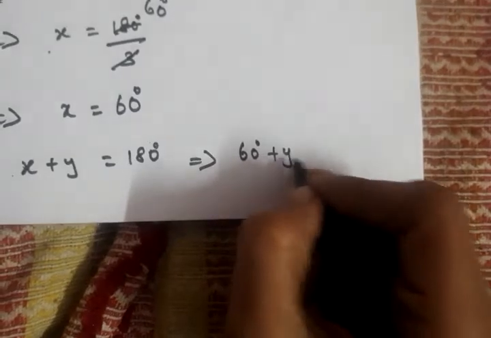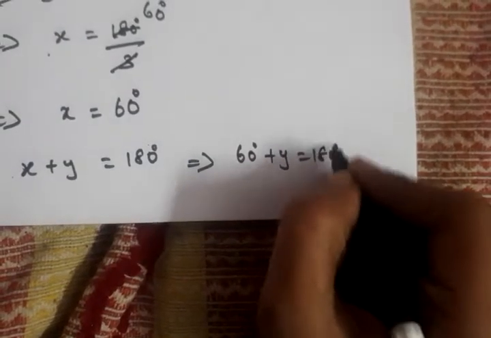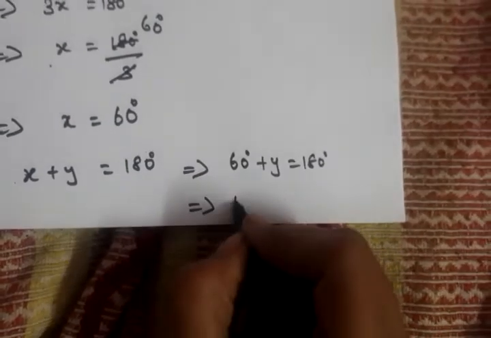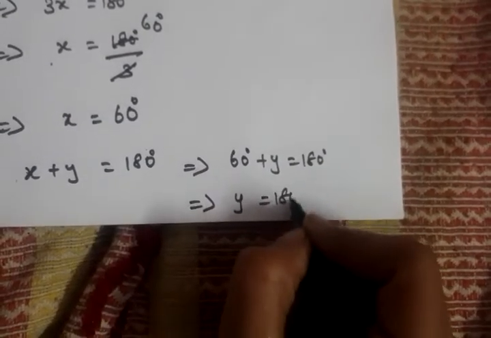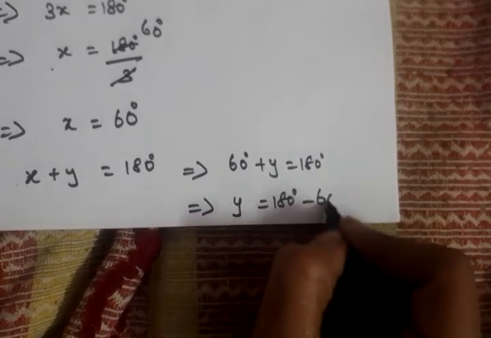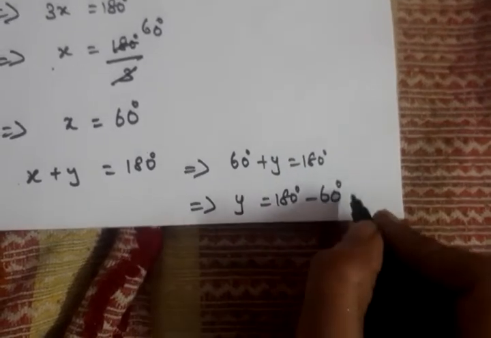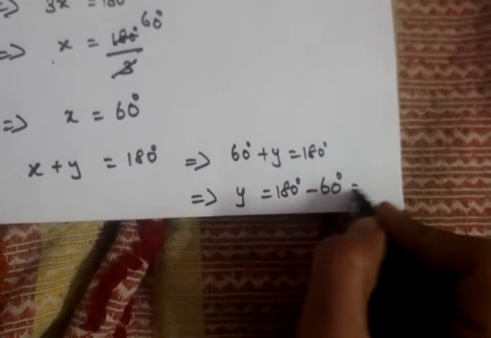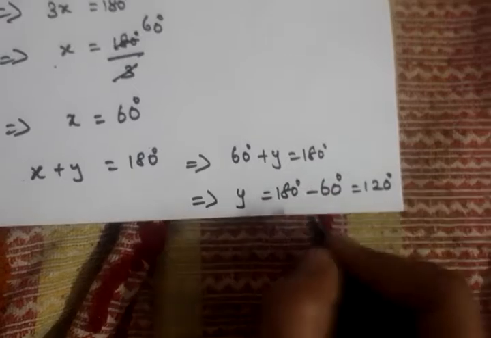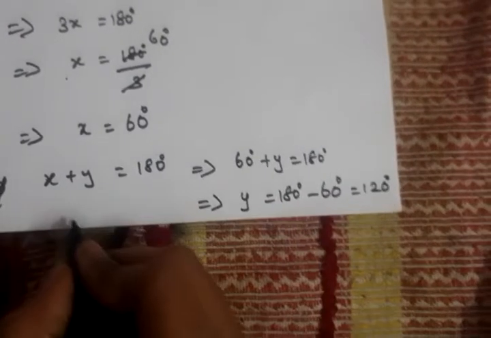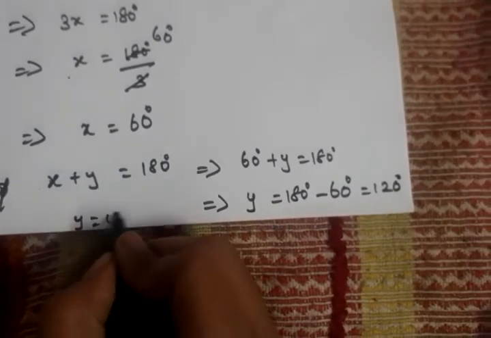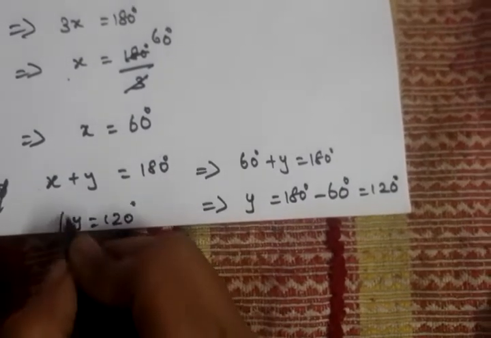Angle x is 60 degrees, so 60 degrees plus y equals 180 degrees, which implies y equals 180 degrees minus 60 degrees. That value equals 120 degrees. So y equals 120 degrees.